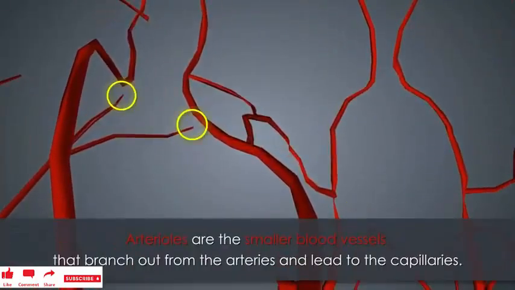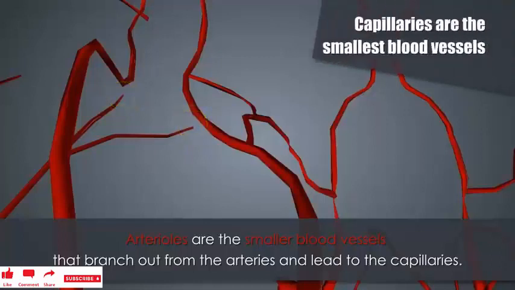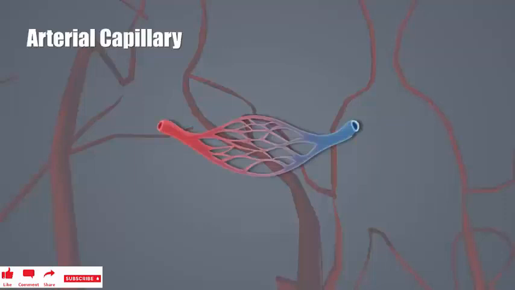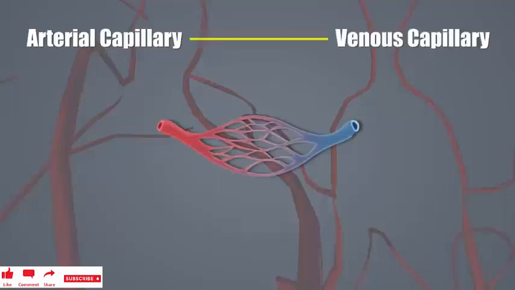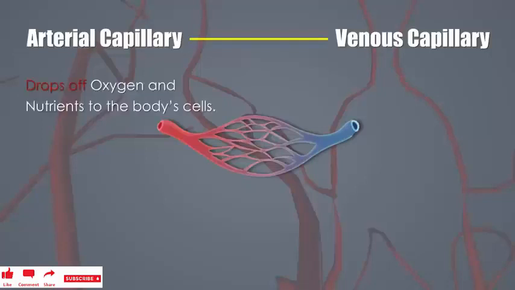Arterioles are smaller blood vessels that branch out from larger arteries and lead to the arterial capillaries, which are the smallest blood vessels in the body. The arterial capillaries are connected to the venous capillaries. The arterial side of the capillaries is dropping off oxygen and nutrients to the body's cells.